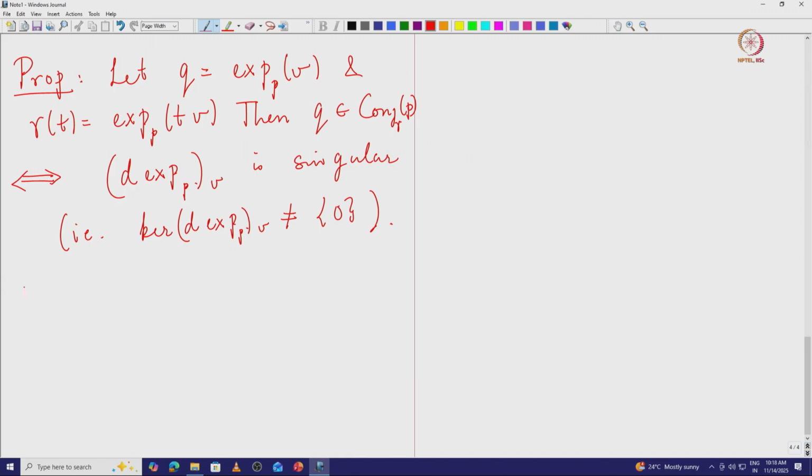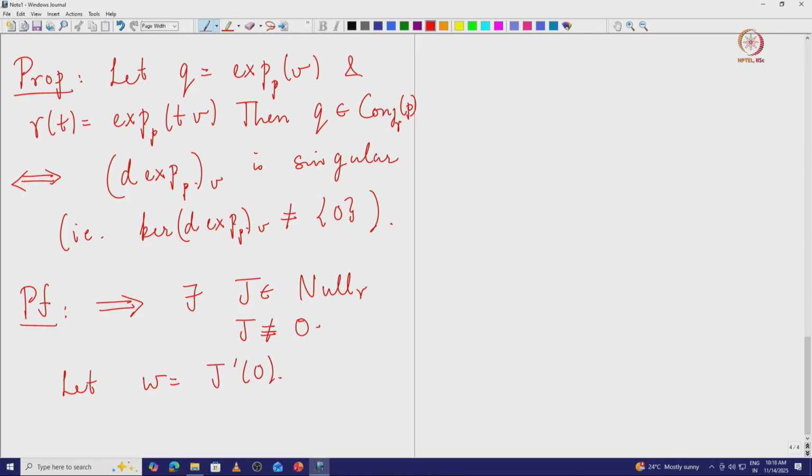Okay, so the proof is not difficult after all that we have done so far. Let's do the forward direction. There exists a J in this null space which is non-trivial. Now let W be equal to J prime of 0.